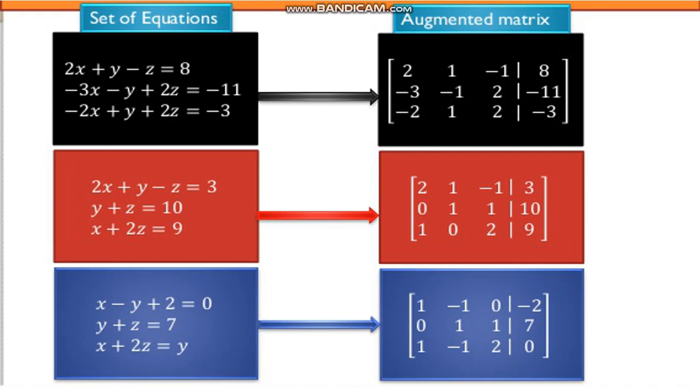In the third equation, we take the coefficient of x -2, of y 1, of z 2, and -3 on the right side. The matrix on the right side is known as the augmented matrix. It simply holds the coefficients of the equations' variables. Similarly, if any variable is not available in an equation, we use 0 in the augmented matrix.